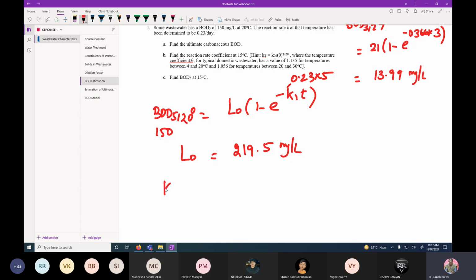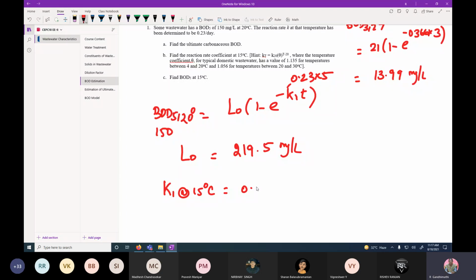Then what is K1 value at 15 degree temperature? No, K1 value at 15 should be less than the K1 value at 20, no? You have to use the factor 1.135.